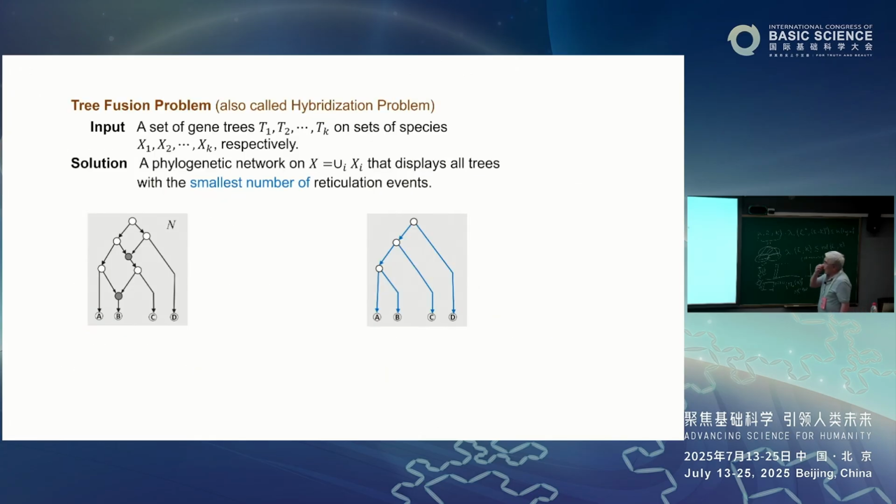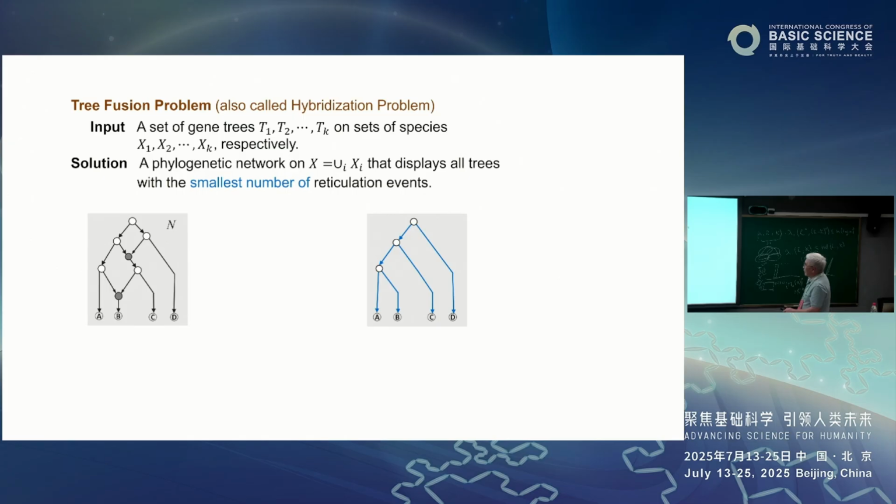I studied this problem by taking the second approach. Basically, I work on the algorithm for this tree fusion problem, also called the hybridization problem. You have a set of gene trees on sets of species X1, X2, ..., Xk.